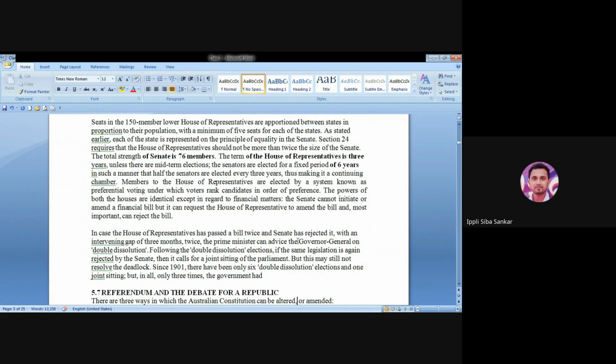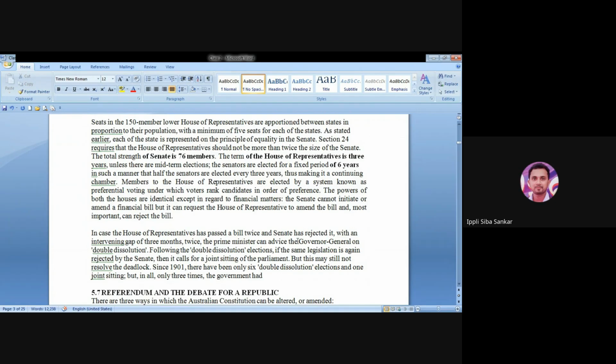In case the House of Representatives has passed a bill twice and the Senate has rejected it, with an intervening gap of 3 months, the Prime Minister can advise the Governor General on a double dissolution. That means what are we saying? Joint sitting.